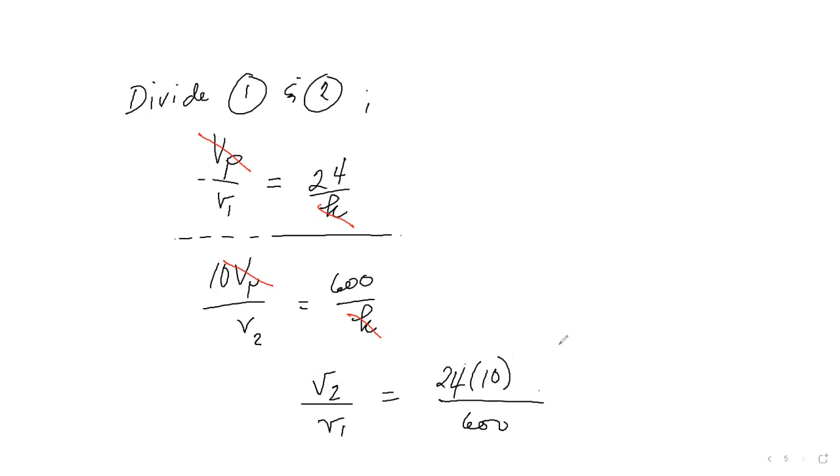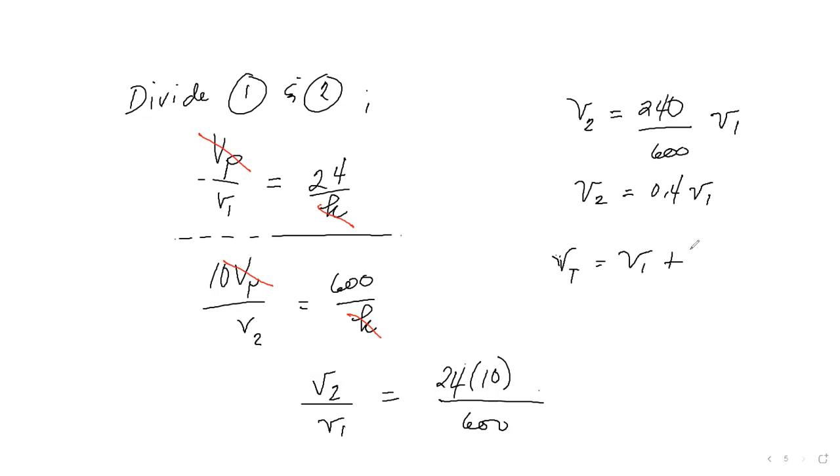So your V2 is equal to 240 over 600 V1. This one transferred here. And V2 is equal to 0.4 V1. So now you will have a total volumetric flow rate of V1 plus V2. So your V1 is V1 and your V2 is 0.4 V1.